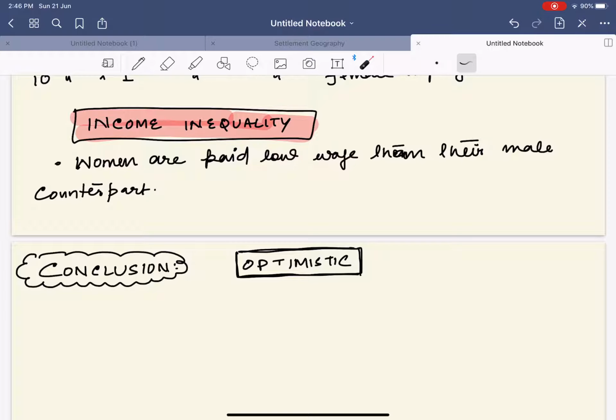So basically, if I am going to write a conclusion, I can say that the government is slowly promoting reservations for women. However, skill development amongst women can lead to a greater egalitarian society, because there would be more jobs for women.